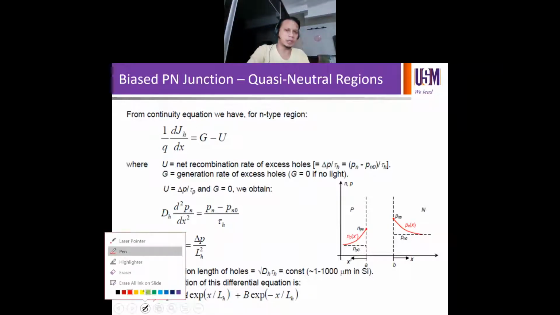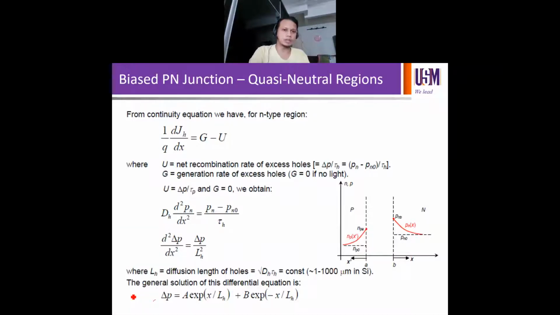This can be given by G minus U, where G is the generation rate of excess holes. Remember, this is the n-type region. The n-type region is on the right, so we're looking at the right region now. So the continuity equation for this particular case is given by G minus U, where U is the net recombination rate of excess holes.